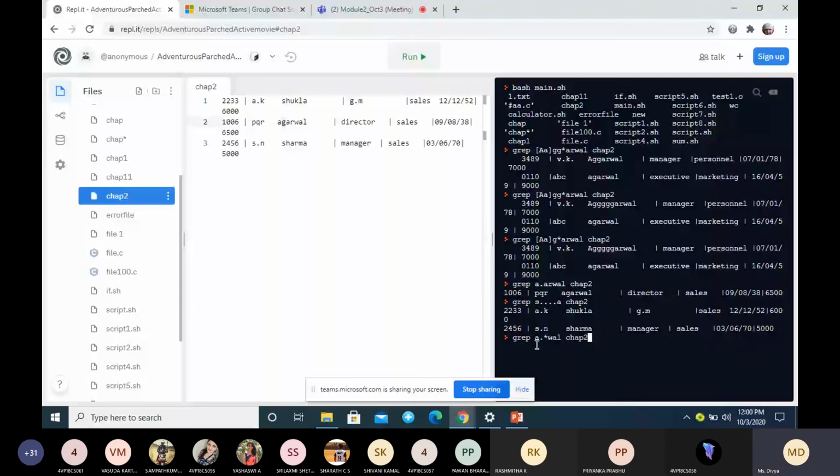It should start with A. After that it can have any number of characters. Star indicates 0 or more characters, any number of characters. And the last one should be WAL. So this line it will match. So this is one special case we have for dot, dot star.